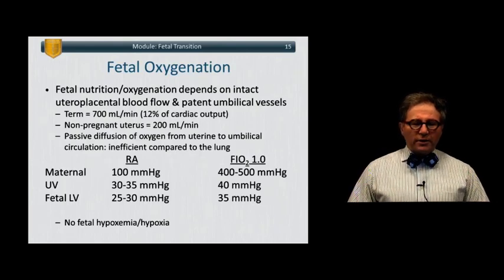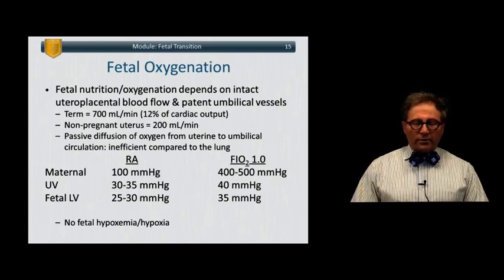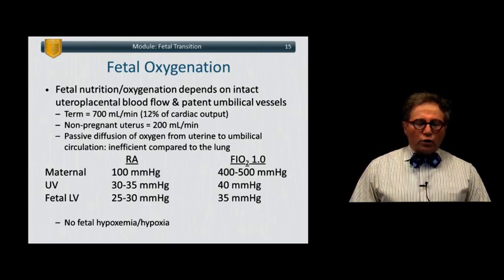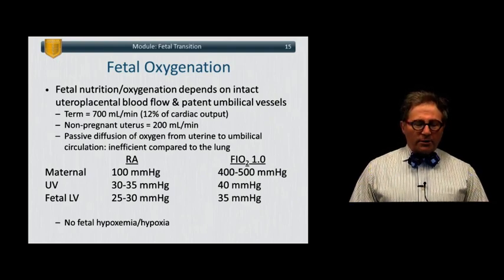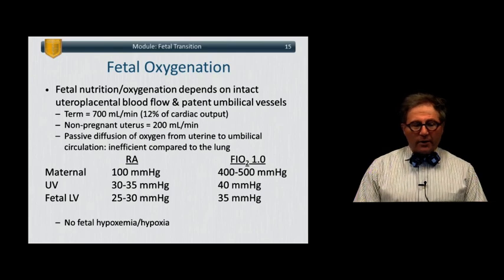Fetal nutrition and oxygenation, again, depend on this uteroplacental blood flow and the patent vessels in the placenta. 12% of the cardiac output in the term fetus reaches the placenta, whereas in the non-pregnant uterus, there's only 200 cc's a minute, 1/3 the amount of blood flow.